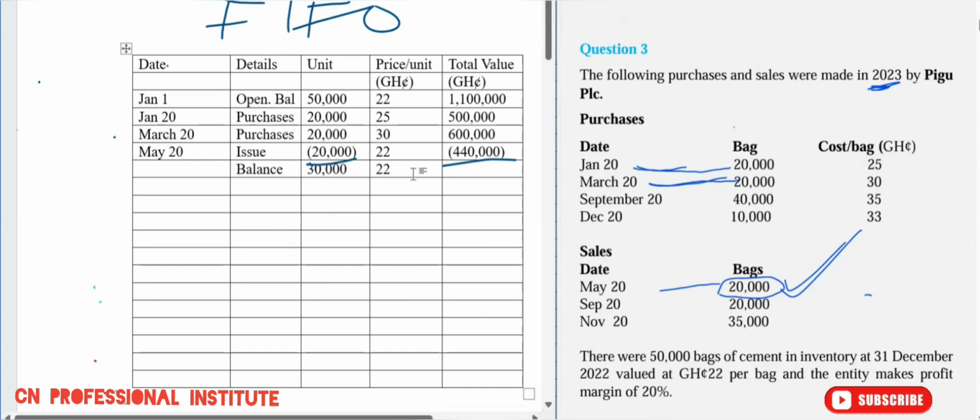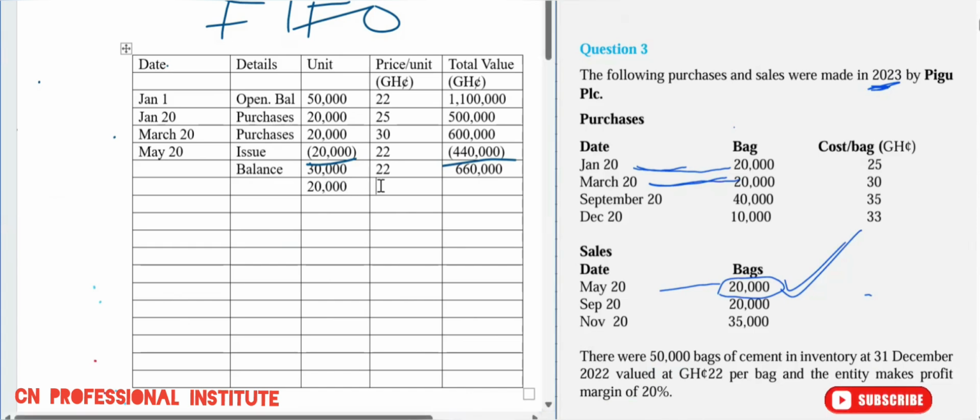Are you following? The reason is, out of the 50,000, we sold 20,000 from it. So we are going to have 30,000 at 22. Then the 20,000 we've not sold any.